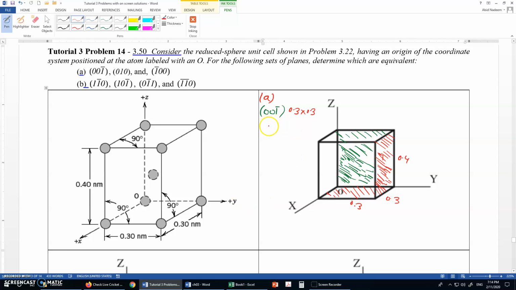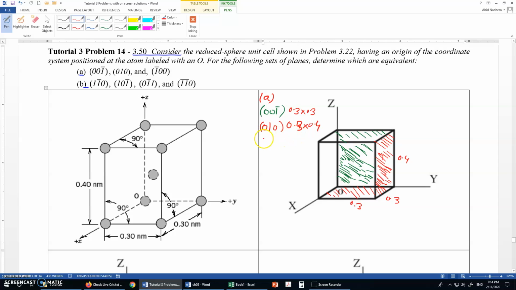The other plane is which one? 0 1 0. Okay, 0 1 0 was this plane. So this plane had dimensions of 0.3 by 0.4.